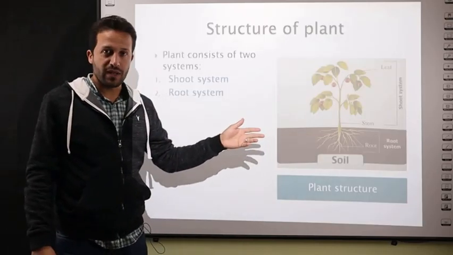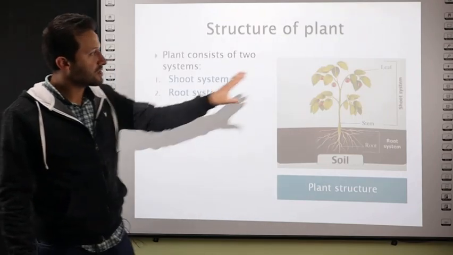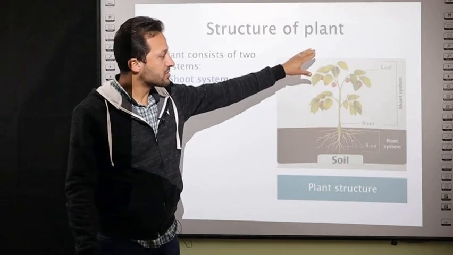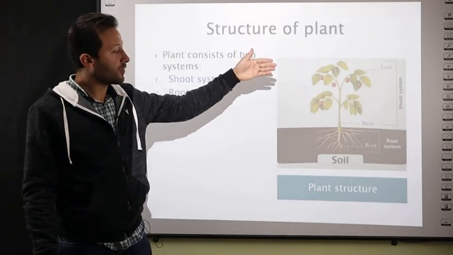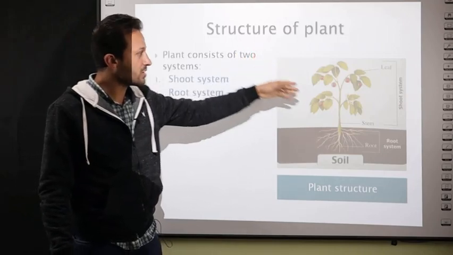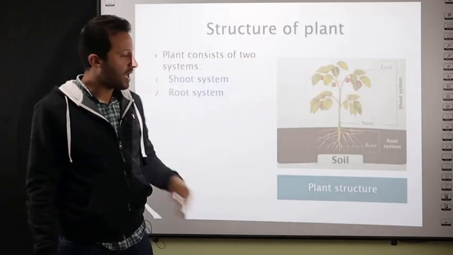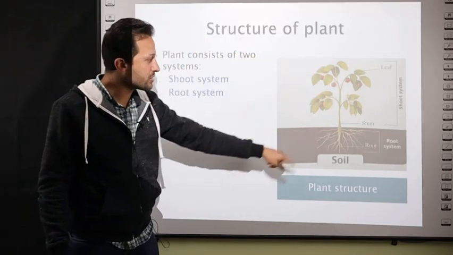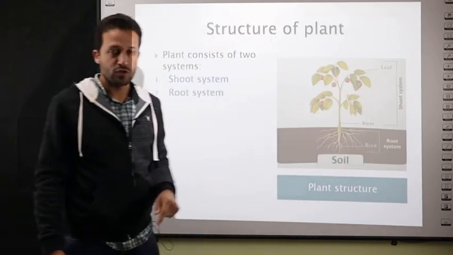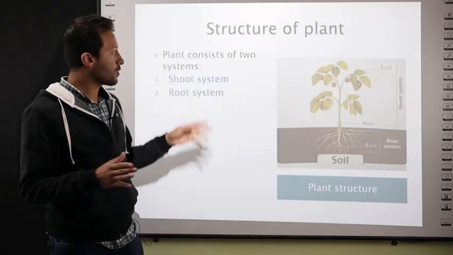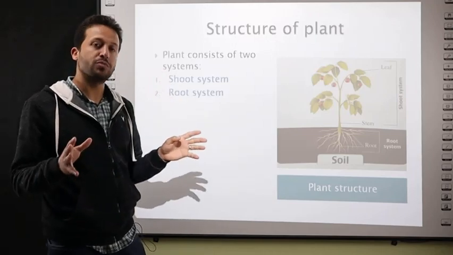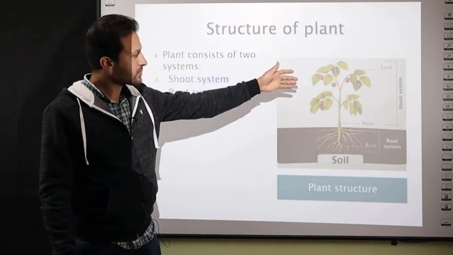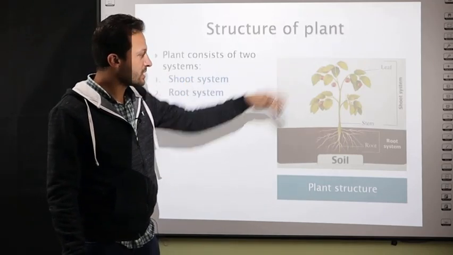And the structure of the green plant is two parts or two systems. The upper part that is found on top of the soil or above the soil is called the shoot system. And the lower part that is found inside the soil or below the soil is called the root system.